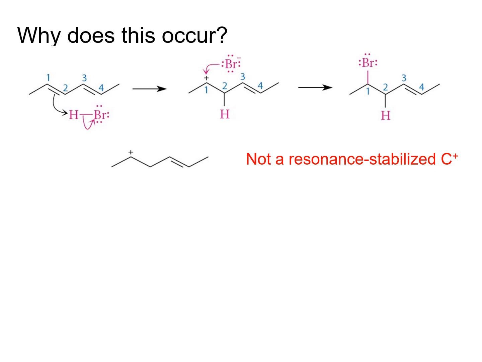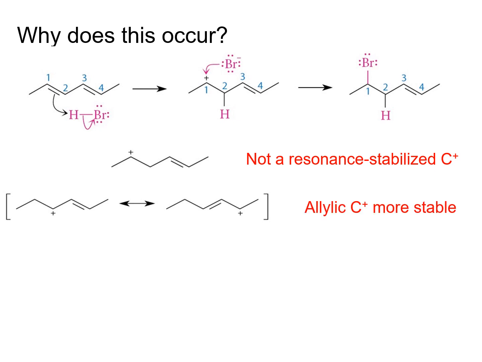In the mechanism we just went over, this gave us the ability to have resonance, thereby splitting the positive charge onto 2 positions. So we have now a new type of carbocation known as an allylic carbocation that's much more stable because it's not just one carbon holding all the positive charge. We're going to need to slightly change the way we rank our carbocations. We used to only have primary, secondary, and tertiary.